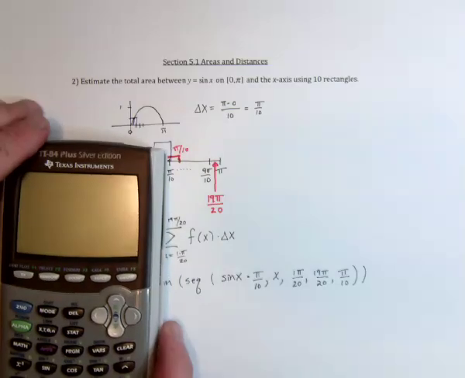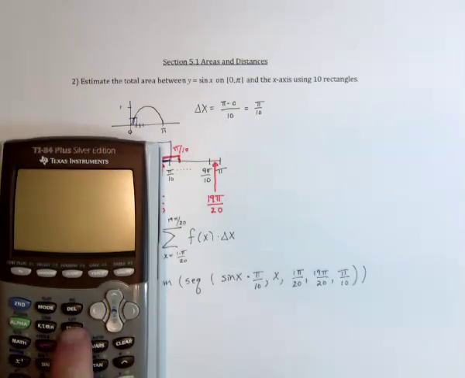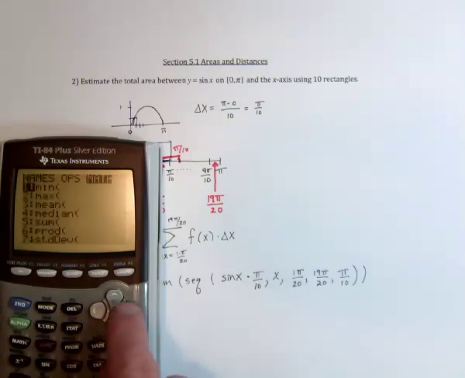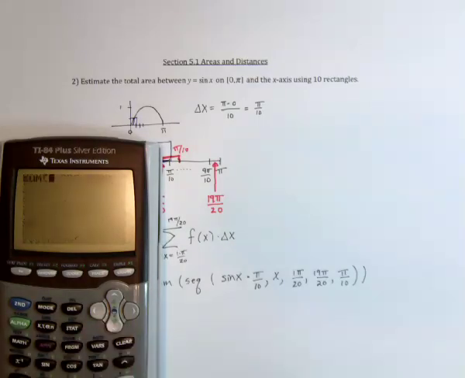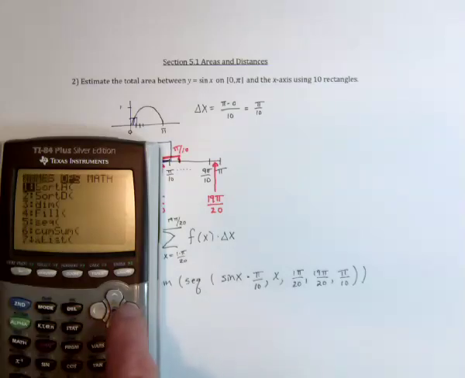So the sum and the sequence are found under list. So second list, move over to math. Number 5 is the sum. Next, the sequence part, so this actually generates the numbers and then the sum adds them up. So second list, move over to operations.